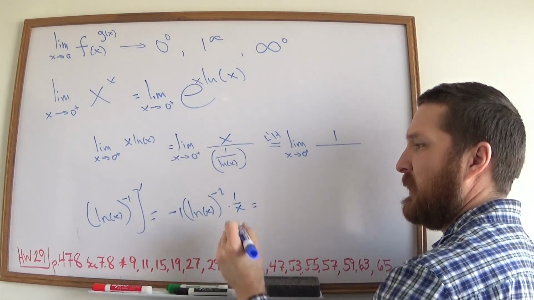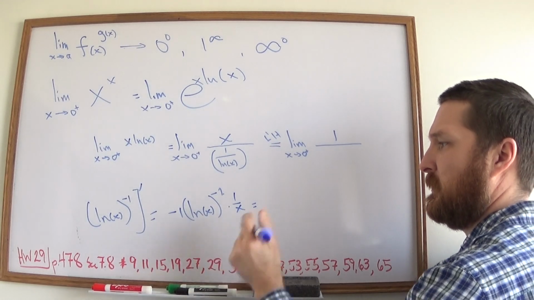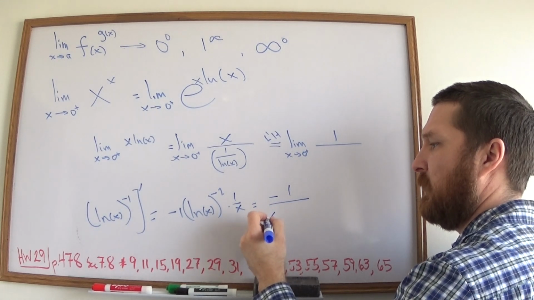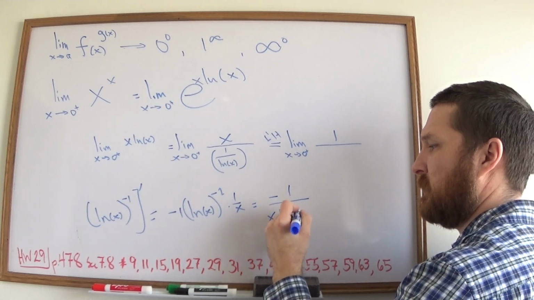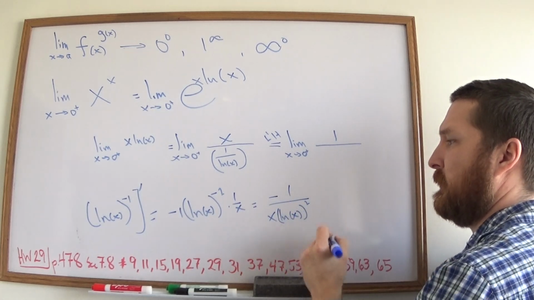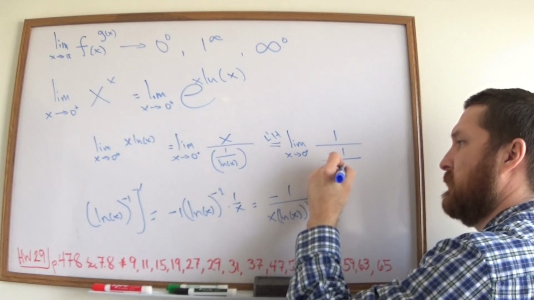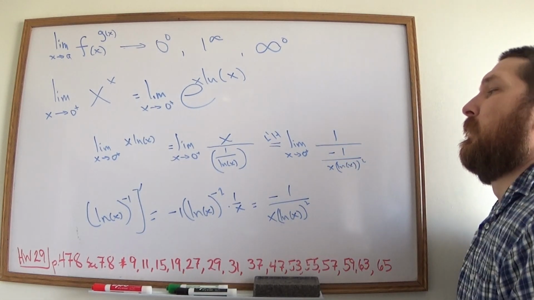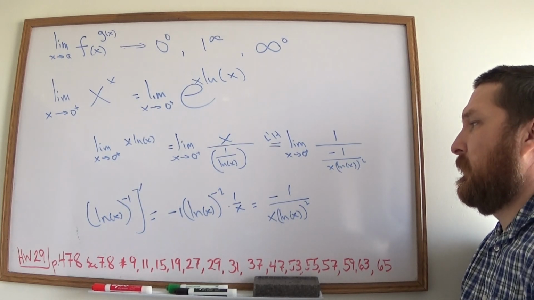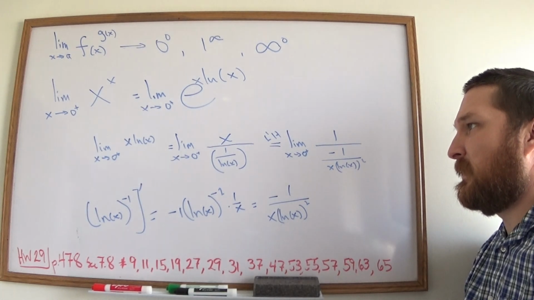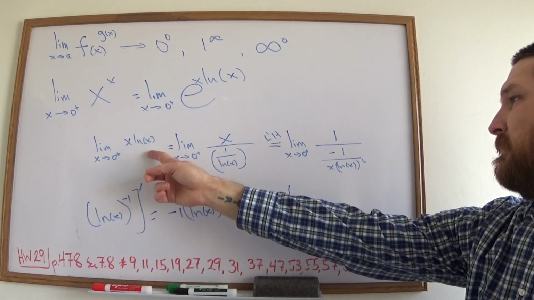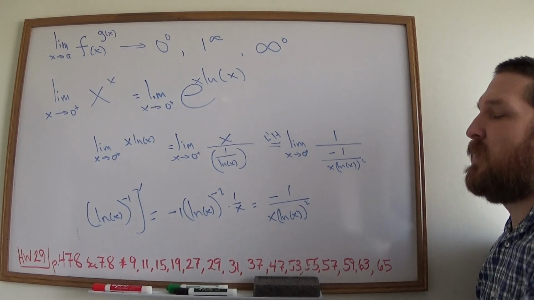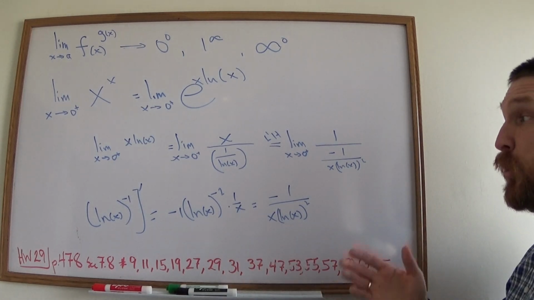That can be rewritten as negative 1 over x log x squared. Oh boy. You can flip it, and now I'm back in the same situation, where it's negative and then squared. I just made my life harder. So that's probably why you don't want to do this. Now you could.